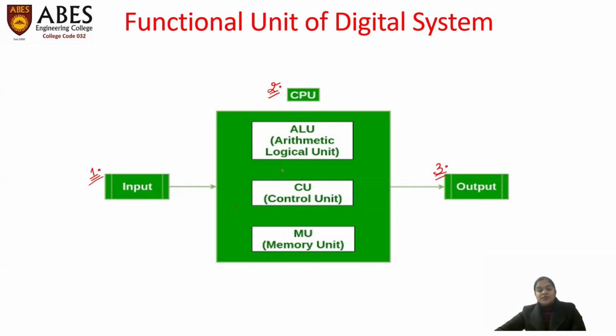Once the data is received inside the CPU, it further processes the data, decodes the data, and follows the arithmetic logic unit, control unit, and memory unit. So the CPU is a combination of the arithmetic logic unit, control unit, and memory unit.